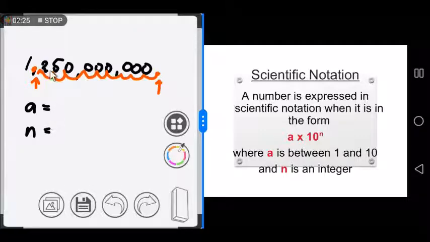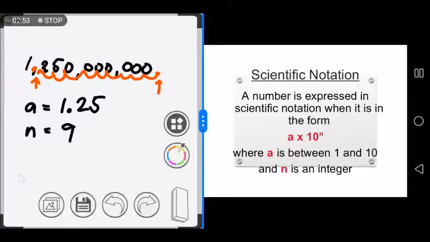Ibig sabihin, kung ano yung nabuo nating decimal number, matapos natin i-move yung decimal point. So, dito, ang A natin is 1.25, kasama na yung decimal point. Then, yung N naman natin is the number of steps na ginawa ng atin pong decimal point. So, dito, nabilang natin kanina na meron siyang 9 steps na ginawa.